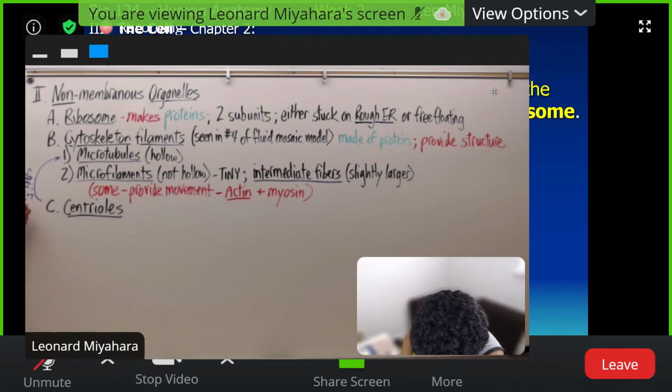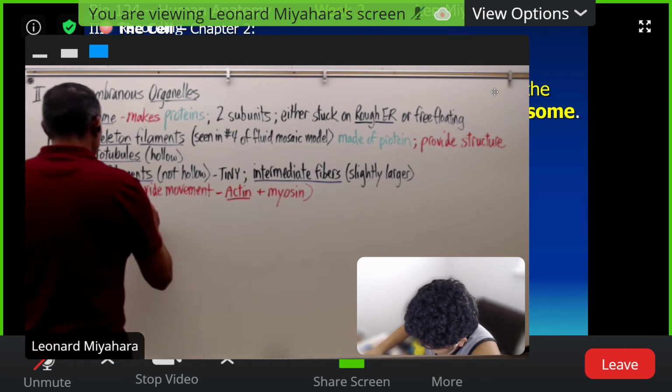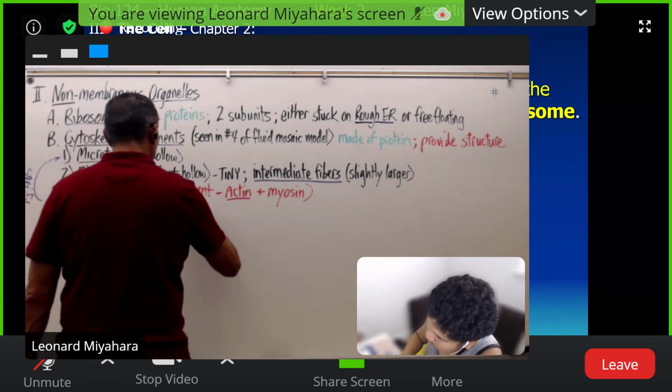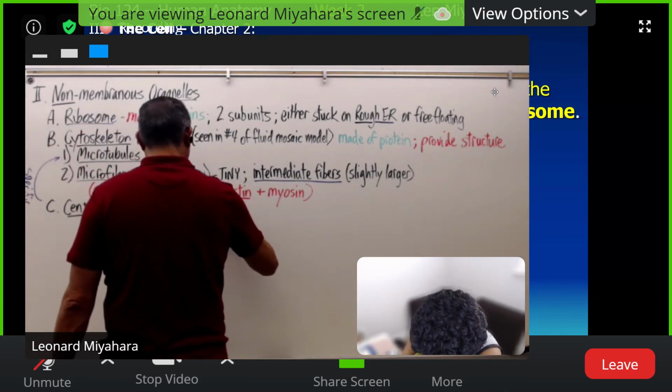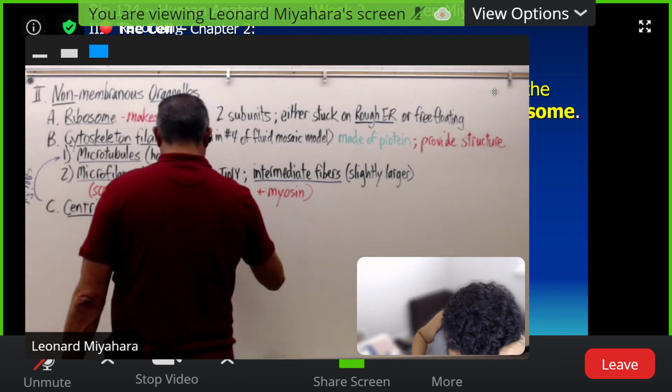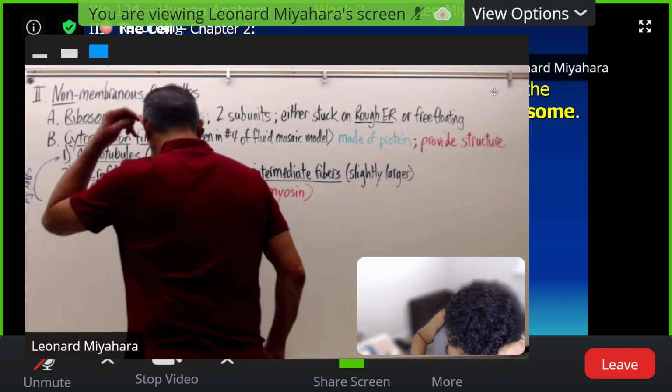It's actually a series of microtubules. That's what it says, specific microtubules. They come in what's referred to as a 9+2 arrangement. Don't worry about that. When you see the picture, you'll see why they call it that.